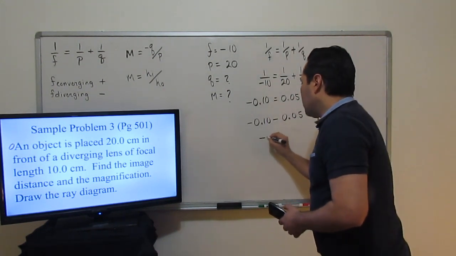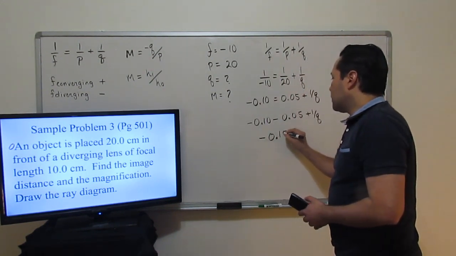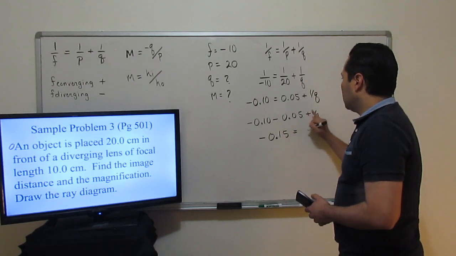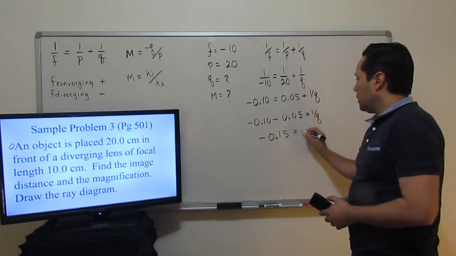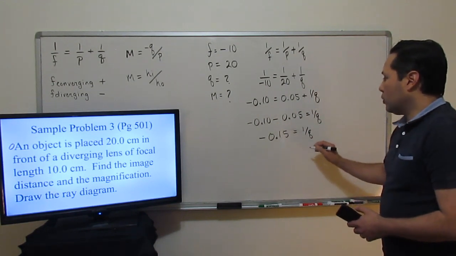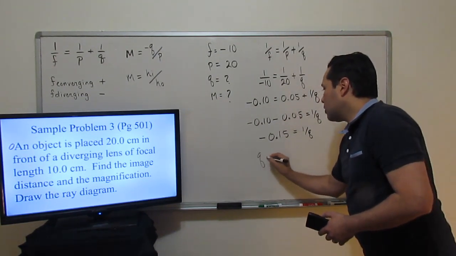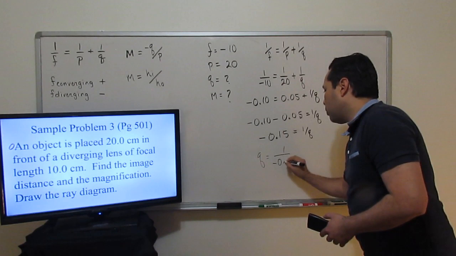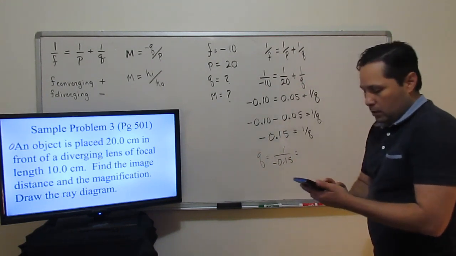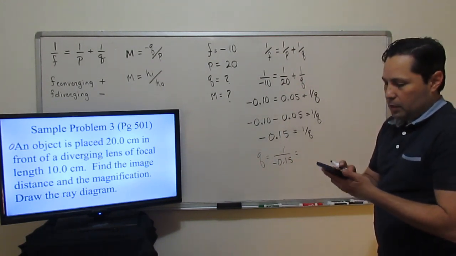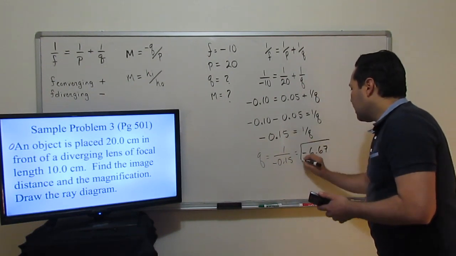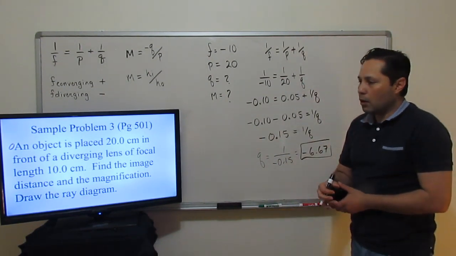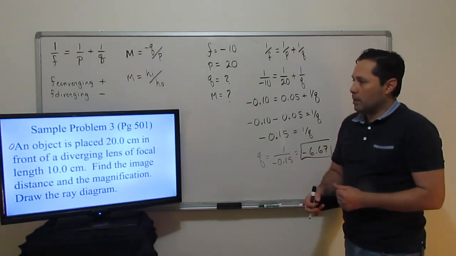Put them together and it gives you negative 0.15 is equal to the inverse of Q. So we rearrange it: Q is equal to 1 over negative 0.15. So 1 over 0.15 gives us 6.67. That is the distance of the image.